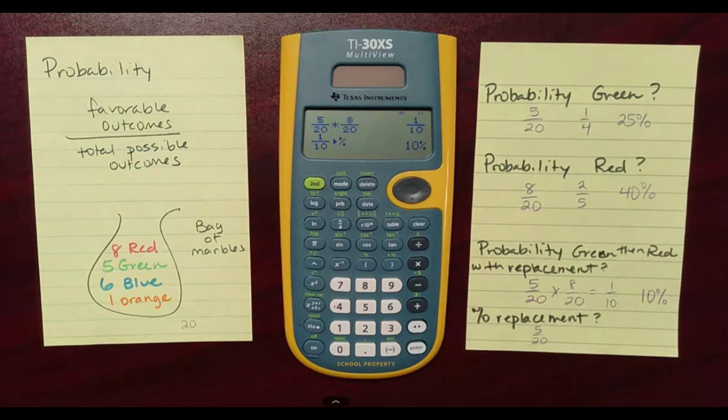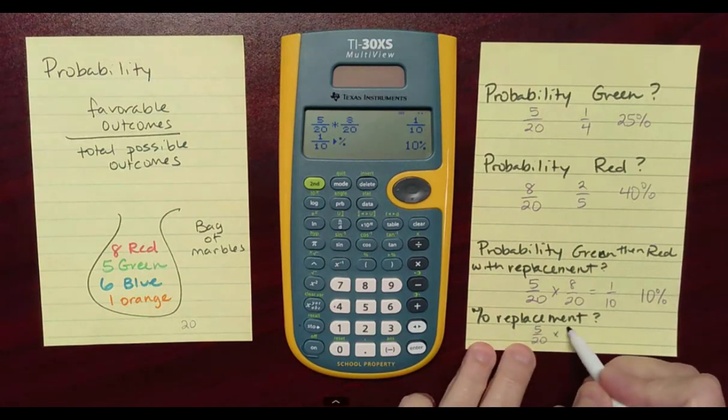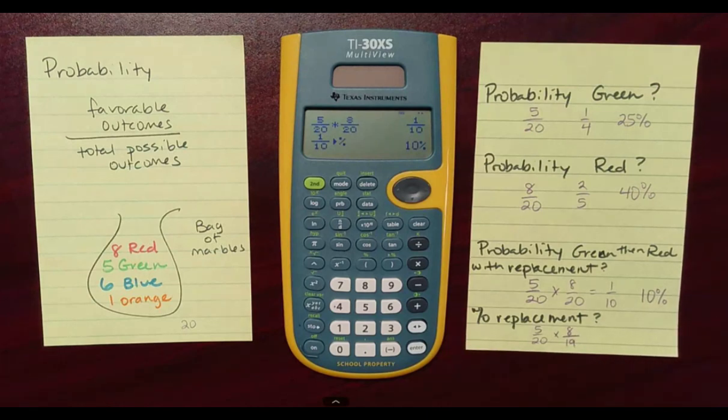That number didn't change. But now I've drawn out my green marble and I'm not going to put it back in the bag. So instead of having 20 marbles in the bag, when I get ready to draw the red, I have 8 out of 19 marbles in the bag, because without replacement means I didn't put that green marble back in.